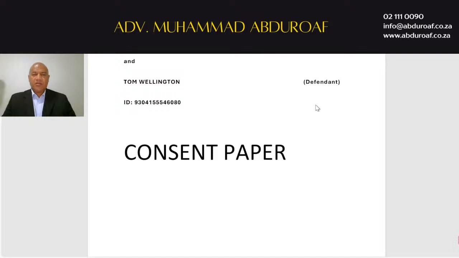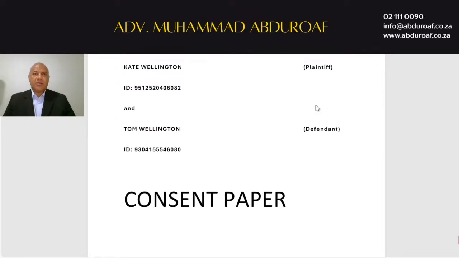This is a blank consent paper, but usually in the consent paper, you will stipulate that neither party would be claiming support from the other. If there are properties involved, it will deal with how to divide the joint estate, or it might state that Tom may keep this house and Kate may keep that house.